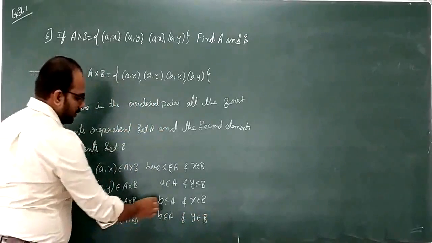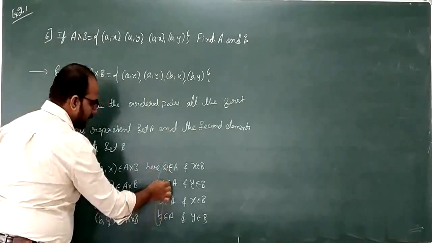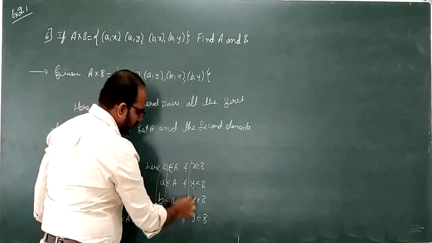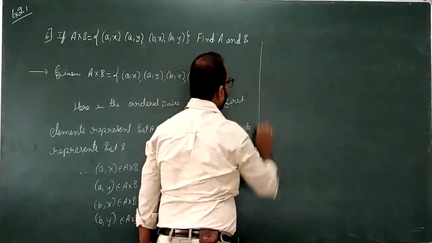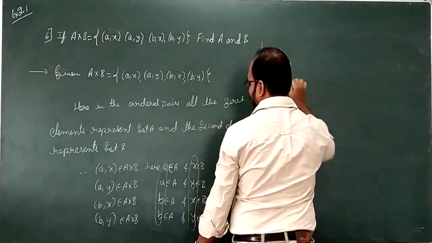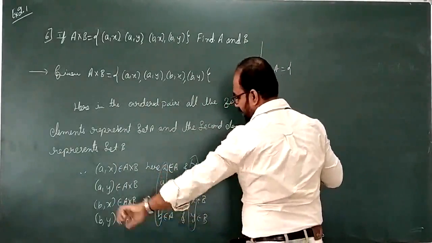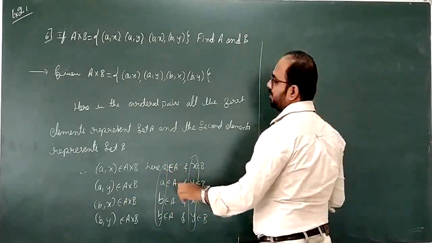Here, all of these represent set A and these all represent set B. Now set A is equal to {a, b}. Since a and b repeat, I write them only once.